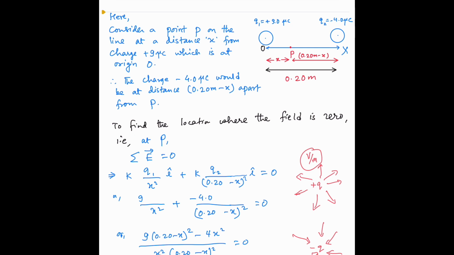Also, the electric field between two charged objects is attractive if the charges have opposite sign, and repulsive if the charges have the same sign. So it's a known fact. The electric field created by a moving charge is perpendicular to the direction of motion.